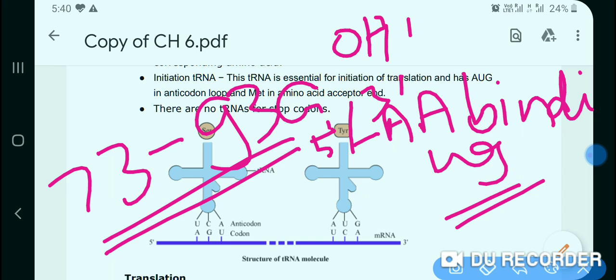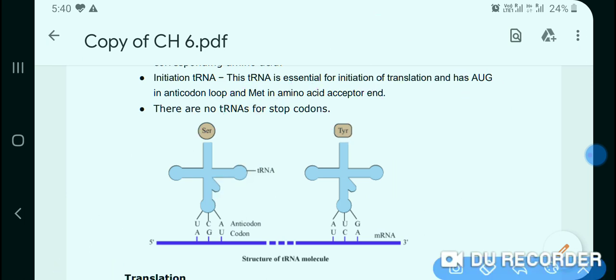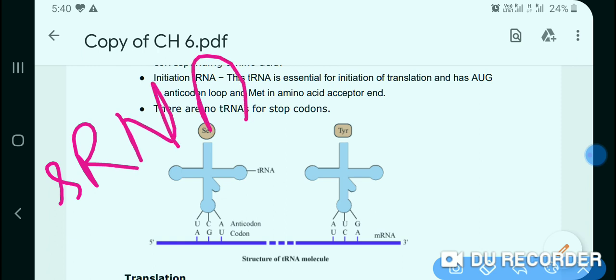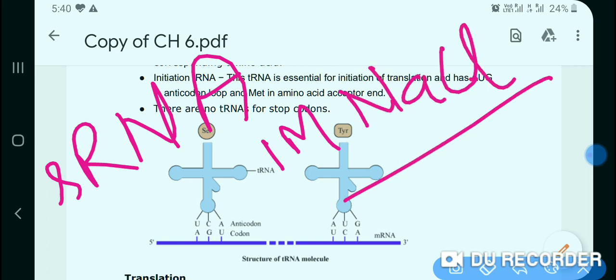Before the discovery of the genetic code, it was known as soluble RNA, sRNA, because it is soluble in 1 M NaCl. So it was known as soluble RNA.